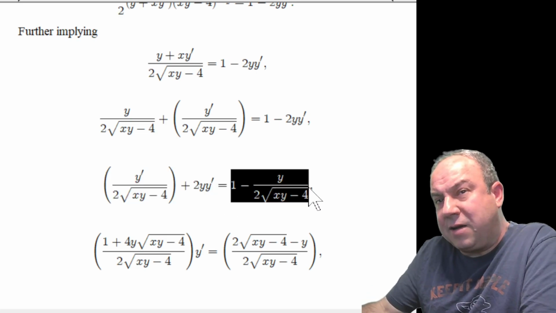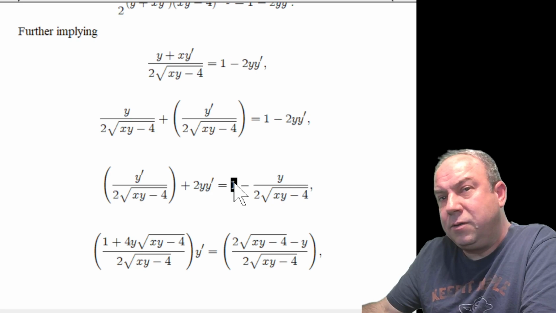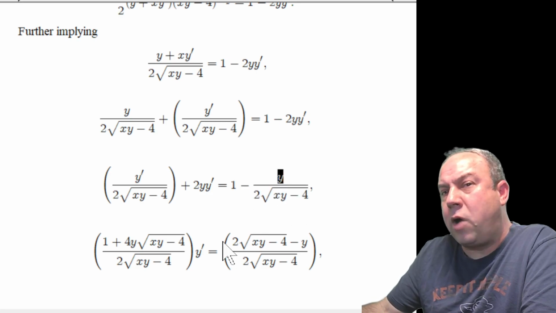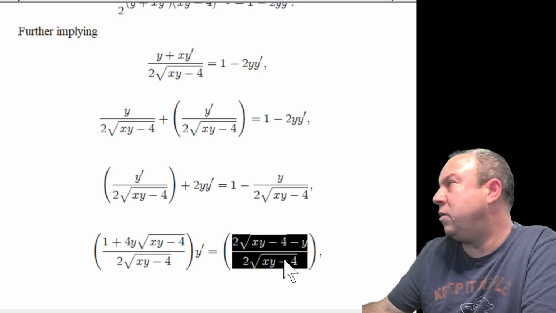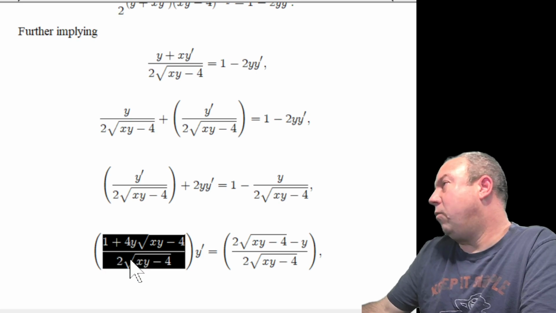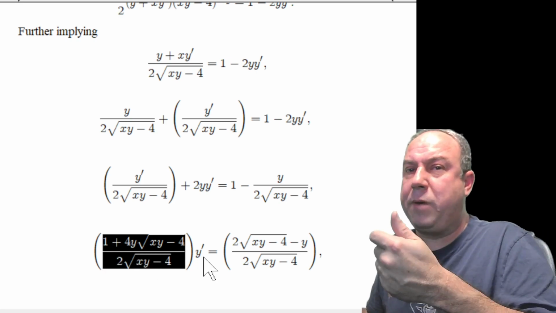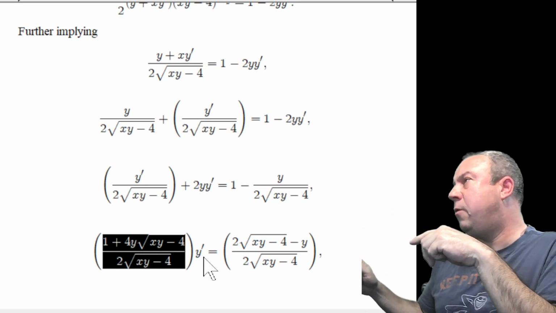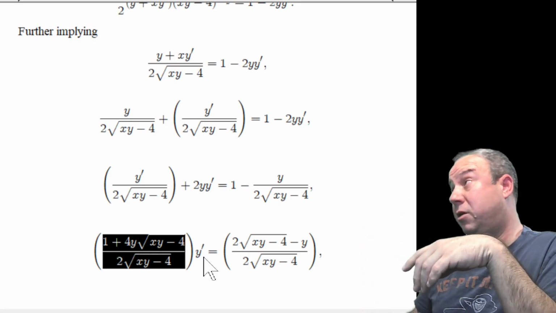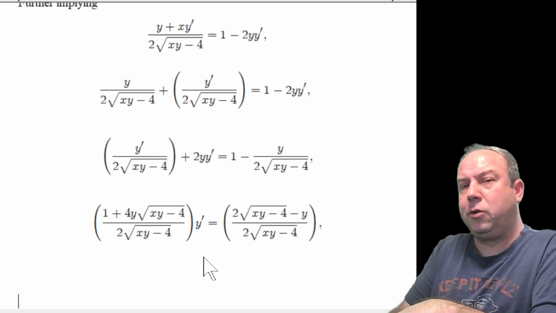On the right, if I combine like terms, 1 is this quantity over itself, where we subtract y from that quantity in the numerator, and we prepare this item. Now, with y prime factored from this group on the left, it being a ratio, to divide by it we could also just multiply by its reciprocal on both sides.